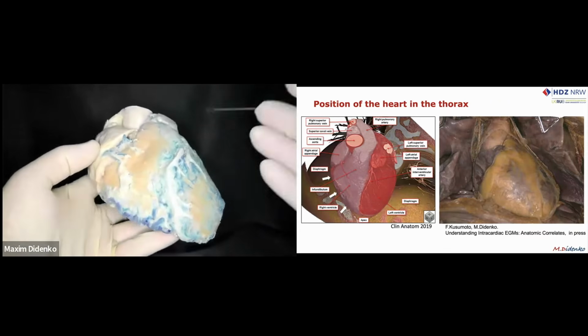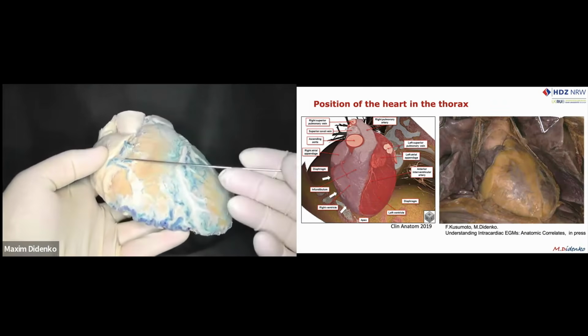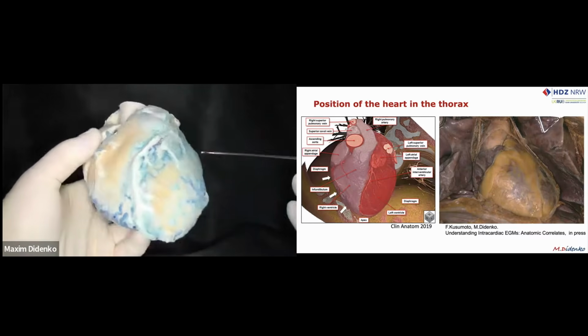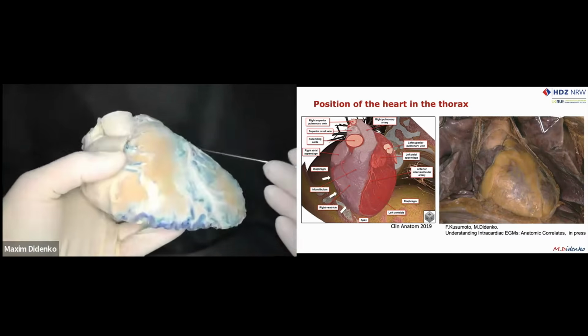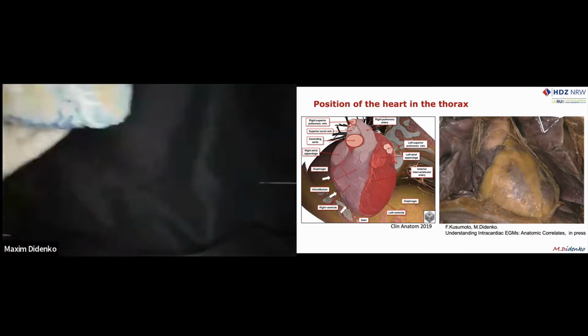But in real life, as you can see on the right side and in my hands, we have a right ventricle, which is mostly the anterior ventricle, a left ventricle, which is mostly posterior, the right atrium anterior, and the left atrium posterior.